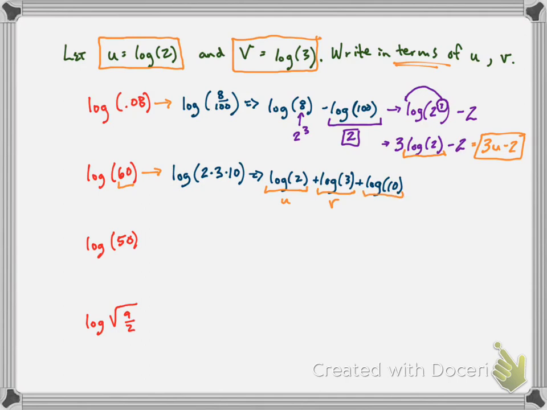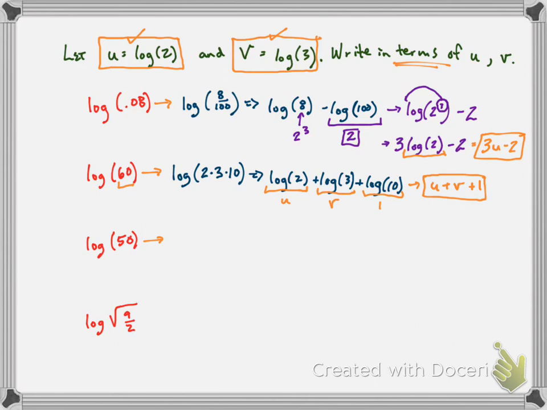And we know, based on our conversation in class, that the log of 10 is 1. And so when I rewrite this, I can express it as u plus v plus 1. In other words, if u is equal to the log of 2 and v is equal to the log of 3, then the log of 60 can be expressed as u plus v plus 1. It's a tough problem.